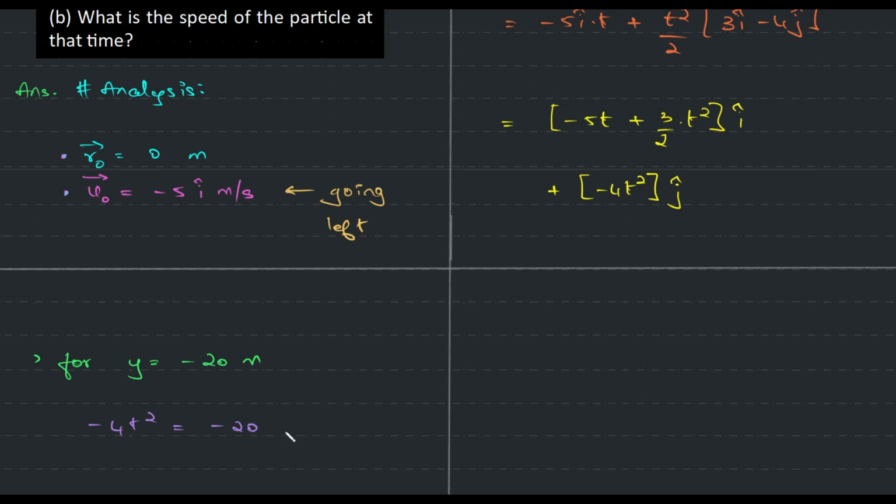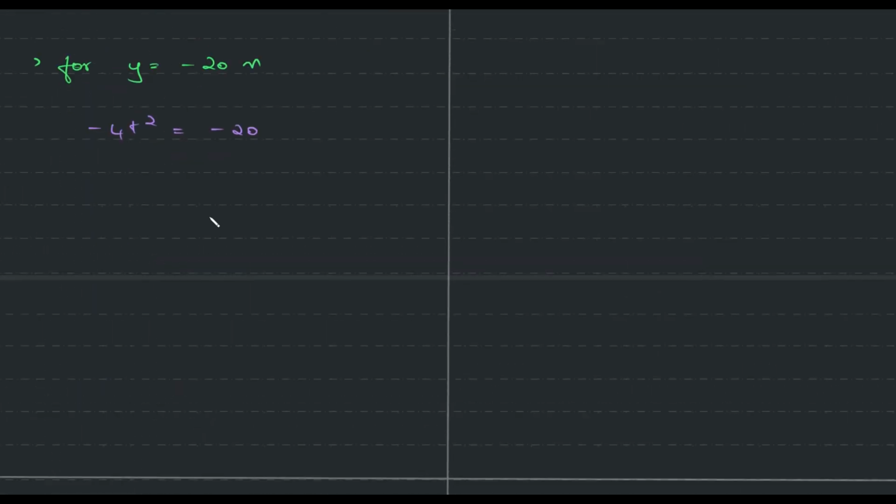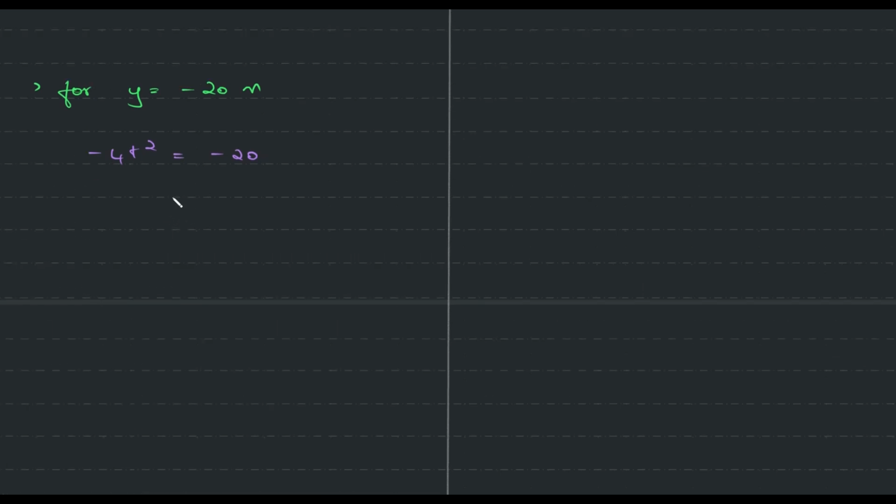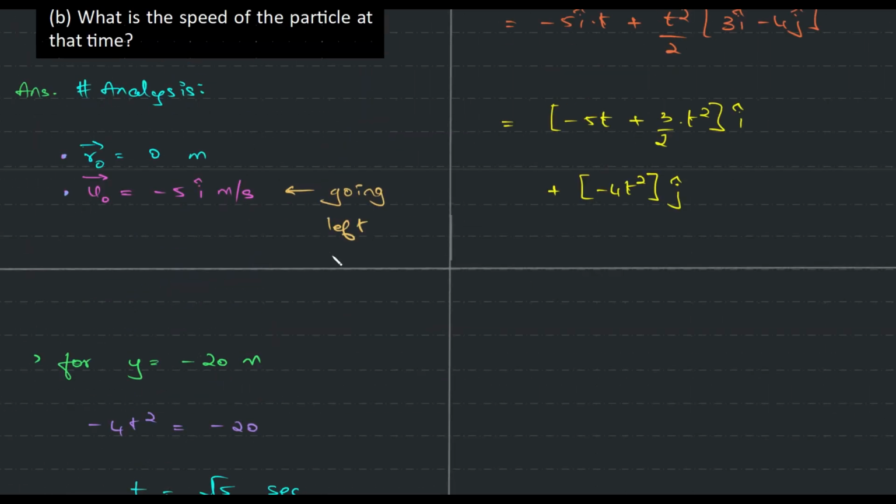Is this correct? This has to be the case. Y component, that's it. See, it's that simple. Simplify this. How much will this be? t is root of 5. So many seconds. Done. What else next?